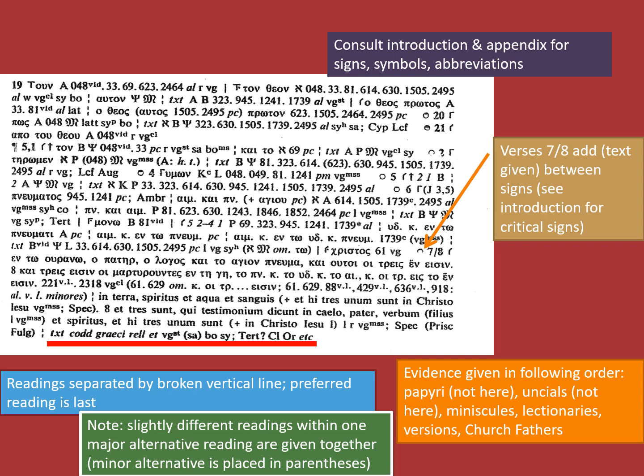So we have three readings represented here by the Nestle-Aland version, and again the text that they have chosen is what's listed last. It's not smooth sailing the first time you go through it, but by flipping back and forth to look up the symbols and just writing out the information, perhaps putting it in a table with the different readings, you can then start to work with the evidence that they cite. This is the external evidence, the manuscript reading.